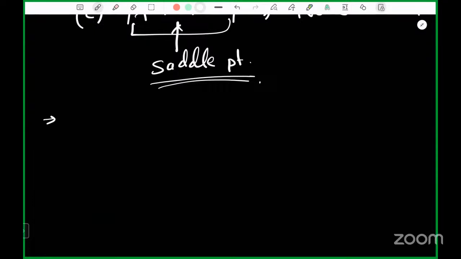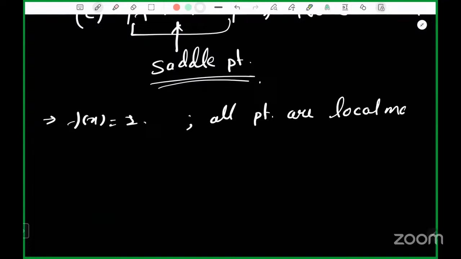A function can have global maxima and local maxima at several points. For example, consider a constant function, f of x equals 1. At every point of the domain, we get the output 1. So all points are local maxima, local minima, global maxima and global minima.